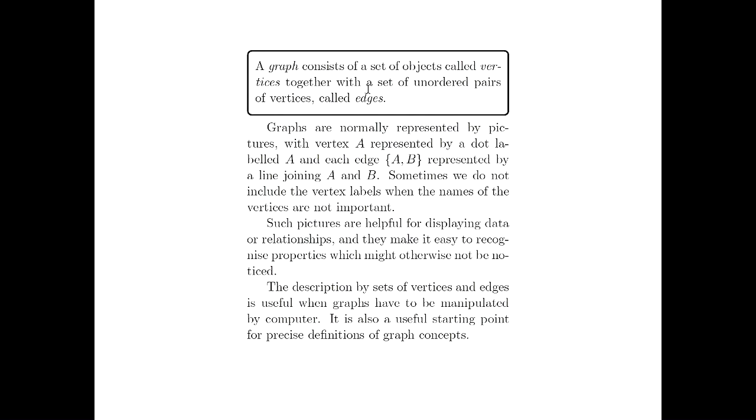So formally speaking, a graph is just two sets, two collections. One is a set of all the vertices of the network. The other is a set of all the edges of the network. And edges we represent as unordered pairs of vertices, right? Okay, so I'm going to give you some examples in a minute, but that's the formal definition.